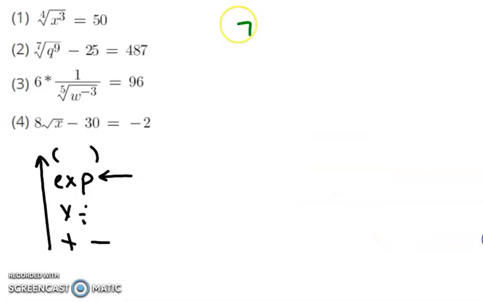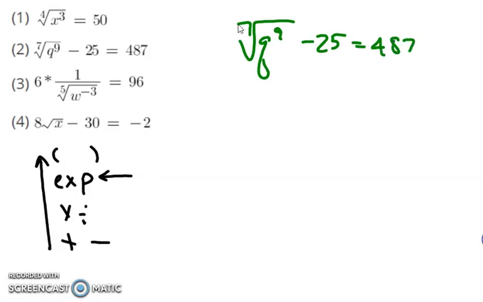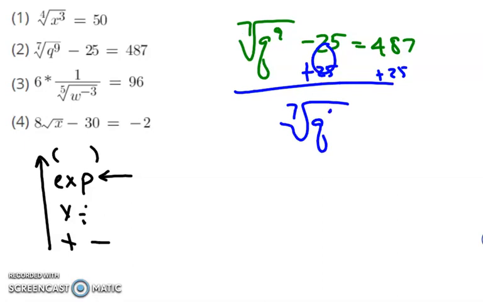Alright, so problem number 2. This time we reverse order of operations. So we have a subtraction problem to undo. So you turn that into 0 by adding 25 to both sides. So you have the 7th root of q to the 9th will equal 512.